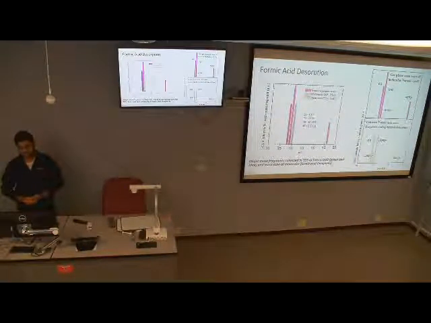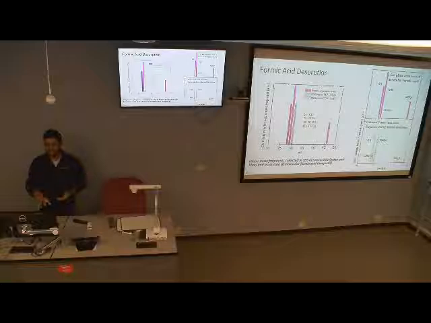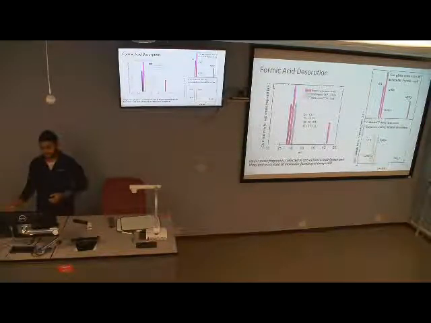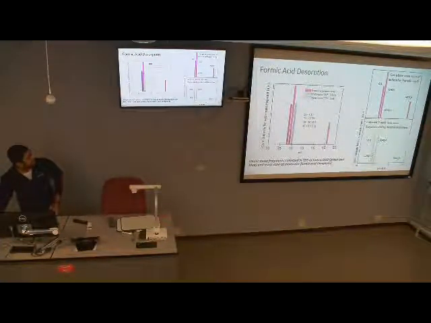At the right you have two figures. What is the difference between top and bottom on the right? In the top, we have the gas phase mass scan of formic acid.